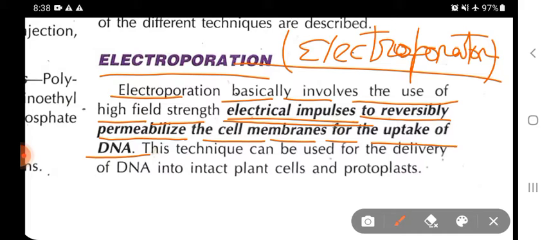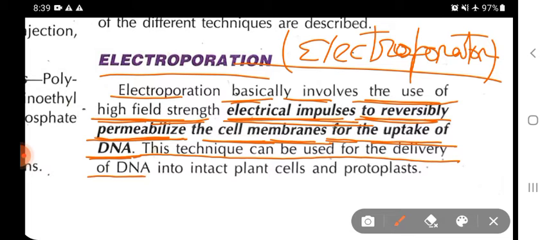So it involves high field strength electrical impulses to reversibly permeabilize the cell membrane for uptake of the DNA. This technique can be used to deliver DNA into intact plant cells and protoplasts, and you can also deliver DNA into animal cells.